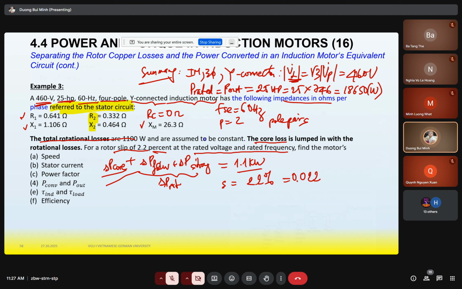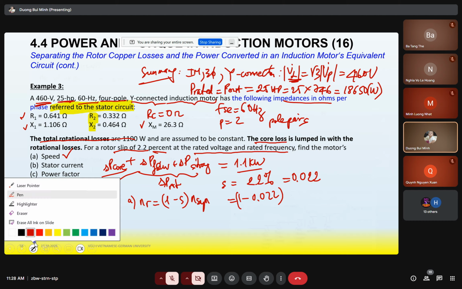Okay, so we need to calculate rotor speed. Question 8: rotor speed is (1 minus s) times Ns. That means 1 minus 0.022 times Ns. What does Ns mean? Synchronous speed.